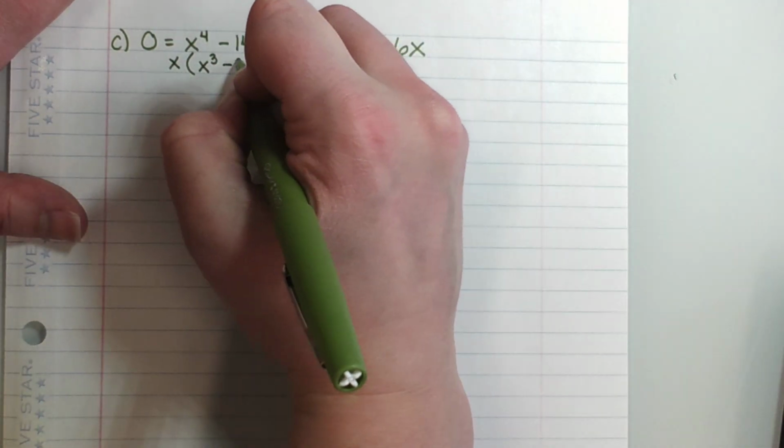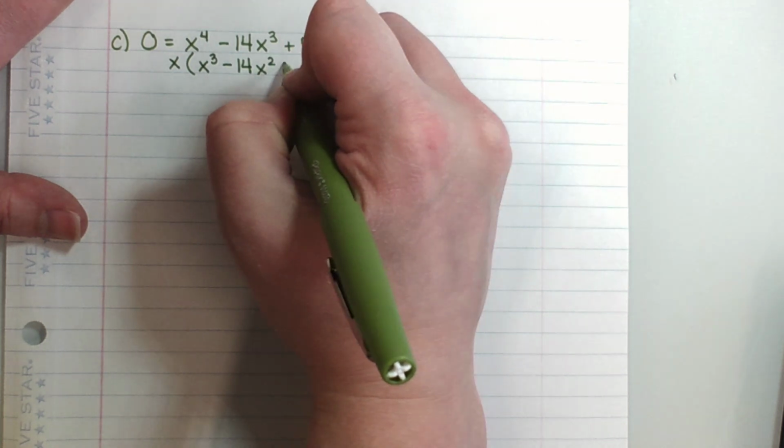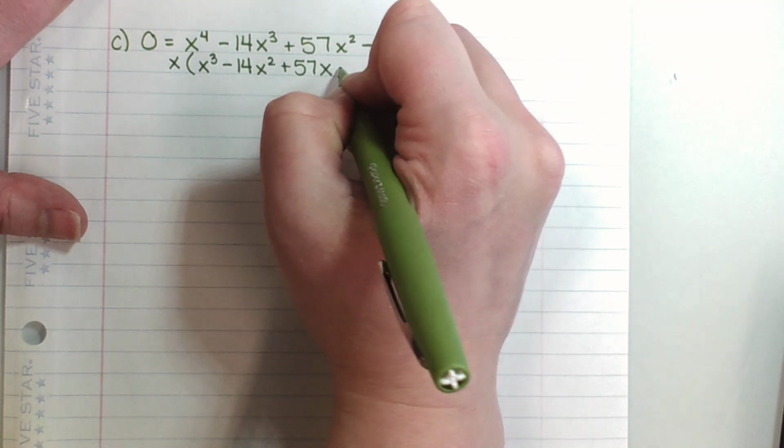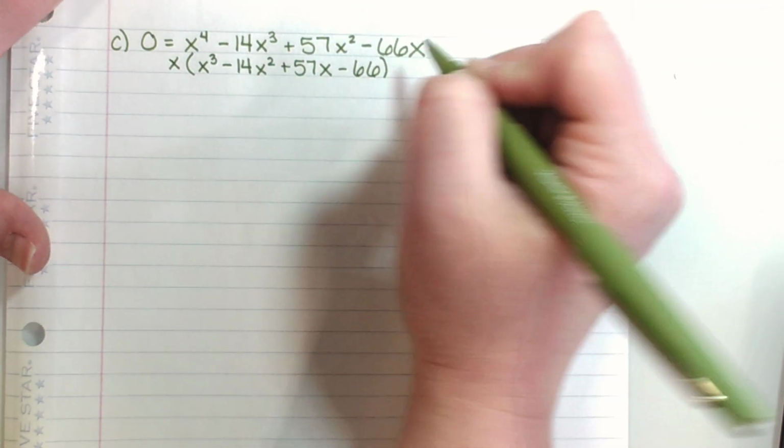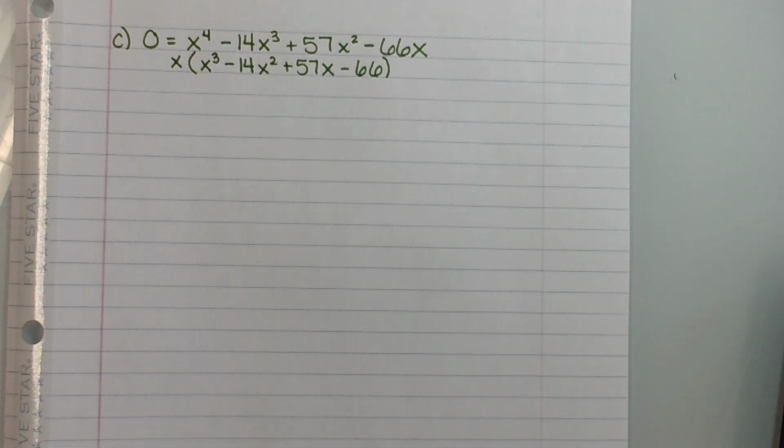That leaves me with x cubed minus 14x squared plus 57x minus 66. If I was trying to factor it further, I would factor by grouping. There is nothing that those numbers are going to have in common enough in order for factoring by grouping to work.